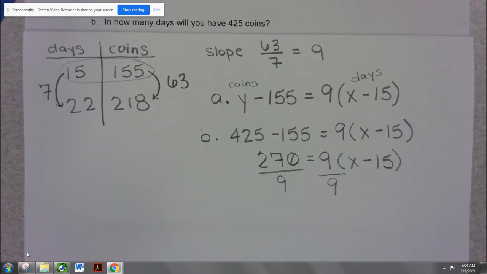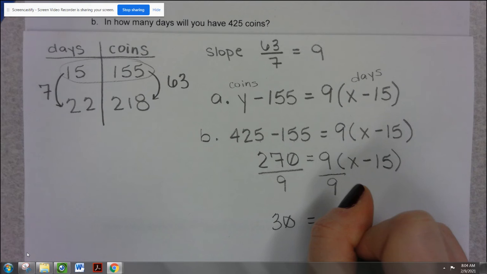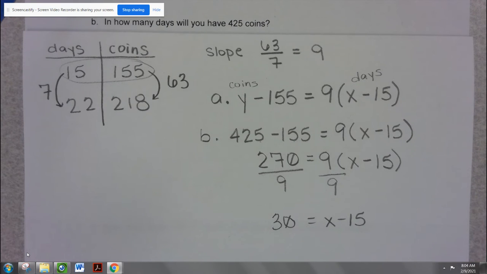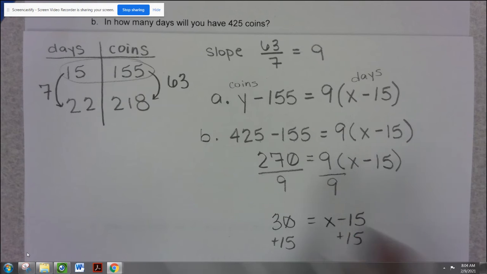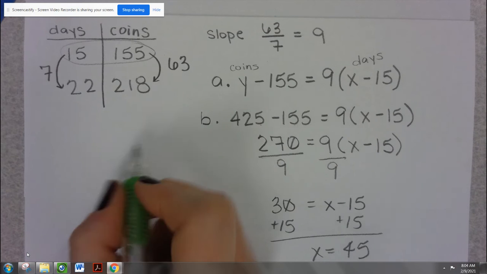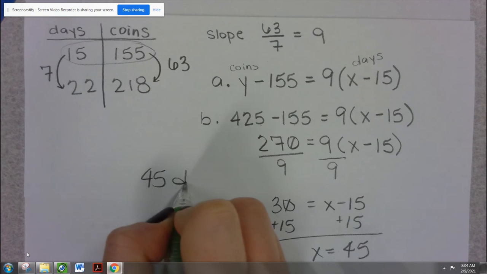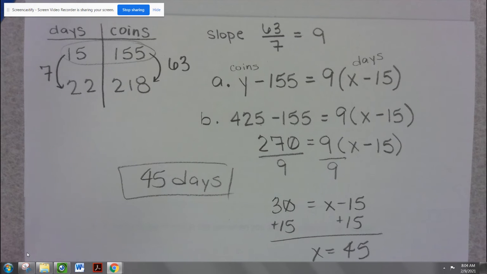So 270 divided by 9 would be 30. And then I'm going to add 15 to both sides. So this tells me that x is 45. So the answer for part B is 45 days.